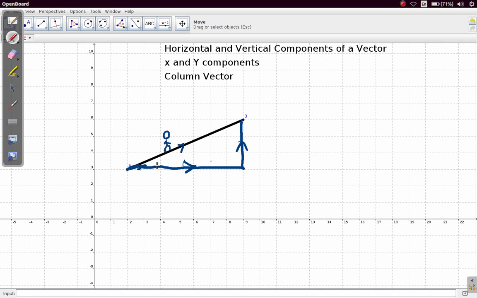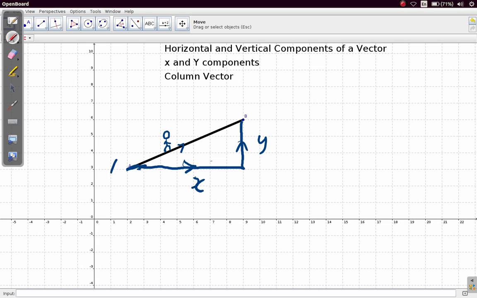We go 1, 2, 3, 4, 5, 6, 7 to the right. And this is X. The horizontal axis is the X axis. 7 to the right, and 1, 2, 3 upwards. And this is Y, all right?